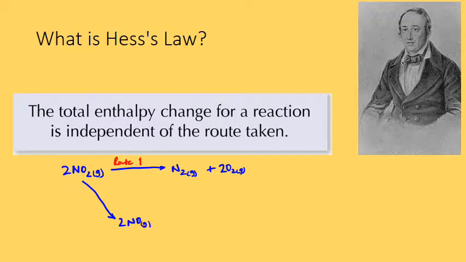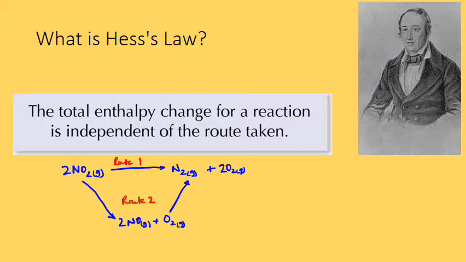That would be a gas, and of course we'd have some oxygen as well. And once we've got that partial decomposition, we can do the second step, which would get from the nitrogen monoxide and oxygen to the nitrogen and oxygen. So let's call the combination of these 2 steps route 2. So I'll write route 2 down here.